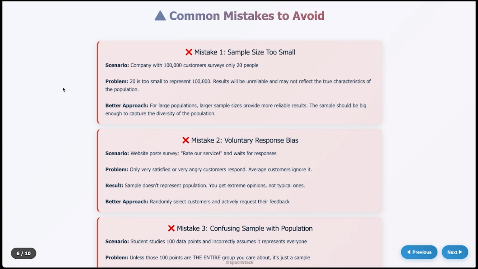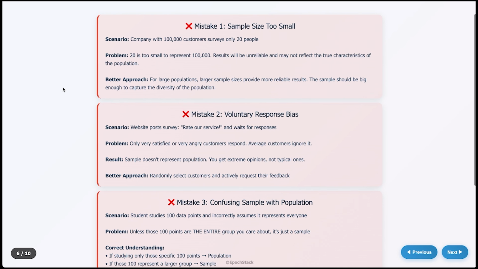Now coming to the second mistake, that is voluntary response bias. For example, a website posts a survey to rate their services and waits for the responses. The problem is that only very satisfied people or very angry customers respond, and average customers ignore it.